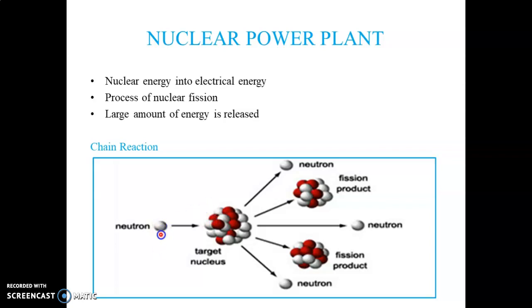One neutron is allowed to bombard the fuel or target nucleus. After bombarding, three neutrons are produced, and a bulk amount of heat energy is also produced.